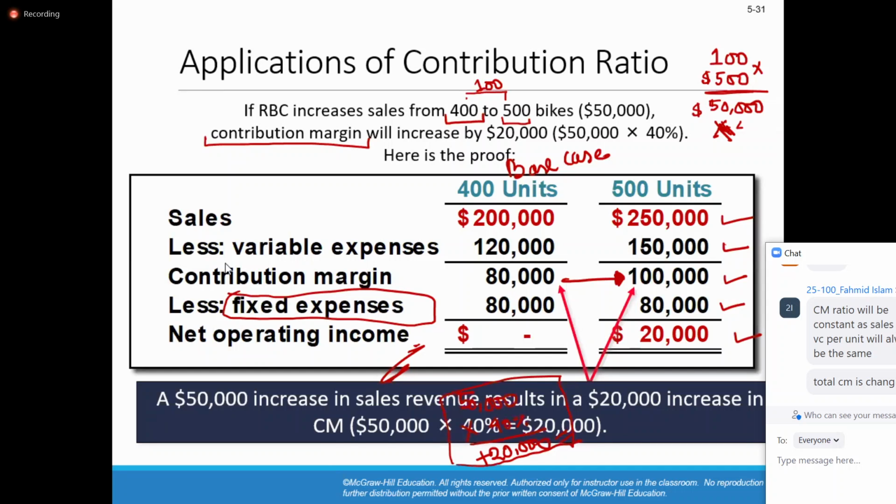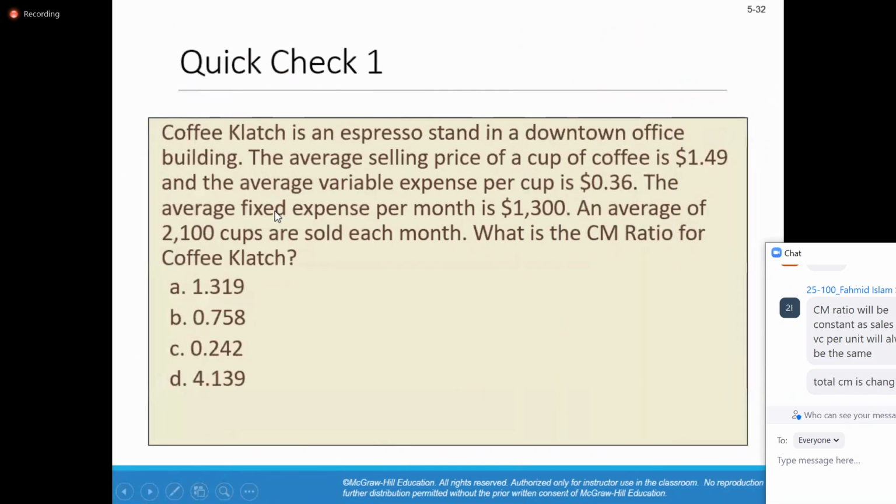Next, we would like to check your understanding by making a quiz. Coffee Clutch is an espresso stand in a downtown office building.